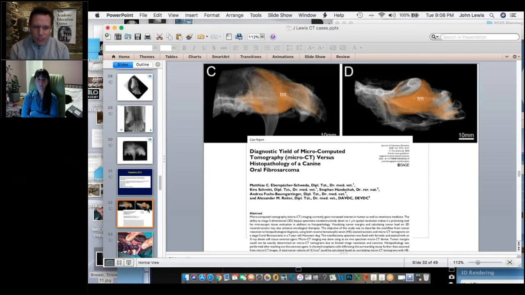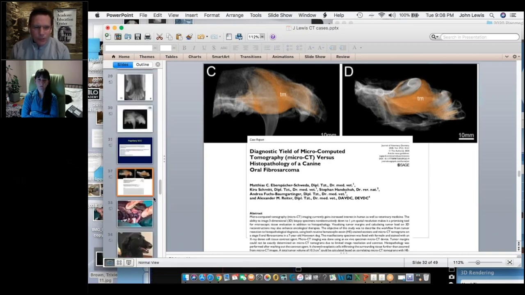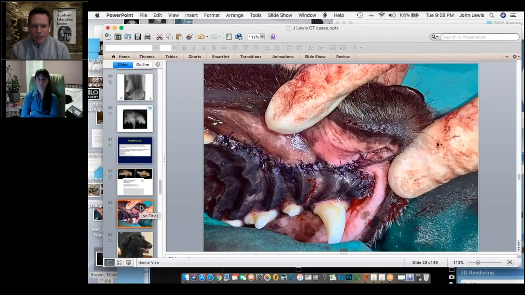And it was just a single case. They said the results were somewhat clinically ambiguous, but I think that larger studies might be interesting to look at comparing CT modalities to histologic margins.